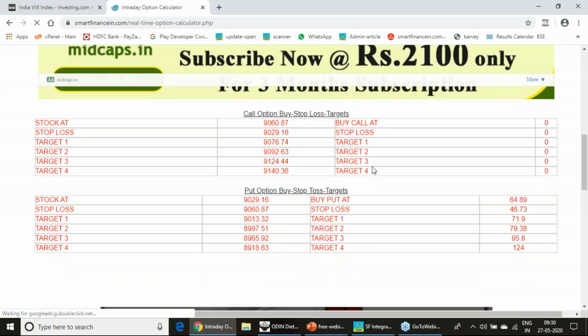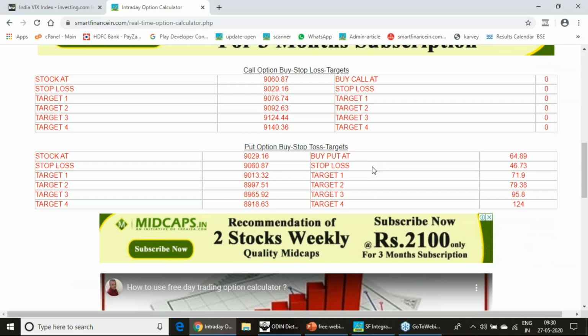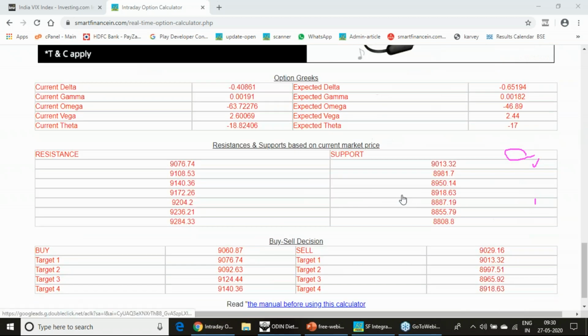Here I am getting that if I am going to buy the put option, I must buy at 65 rupees. Keep a stop loss of 46, and these are my targets. And what about my theta? Theta is telling that 18.86 rupees decay is expected.